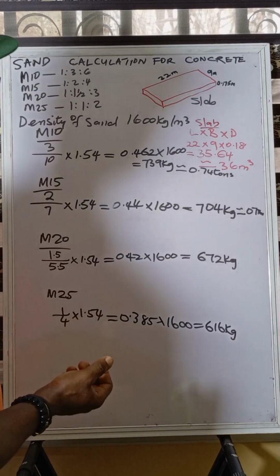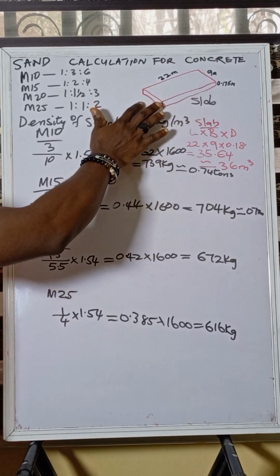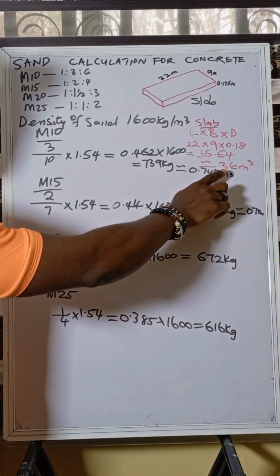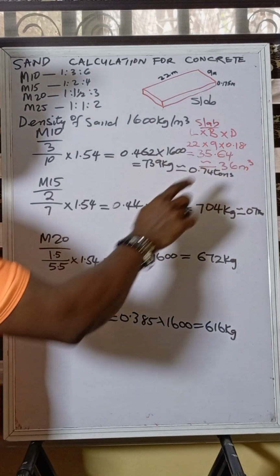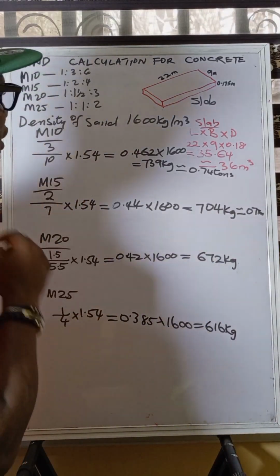In our previous class, we made use of this diagram of a slab, and our calculation gave us 36 cubic meters of concrete.